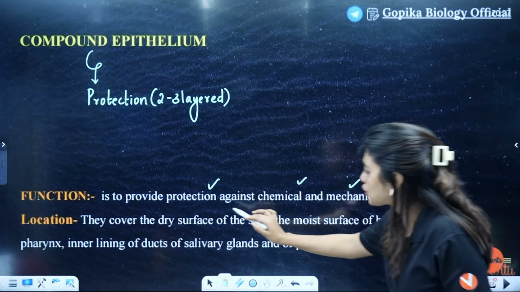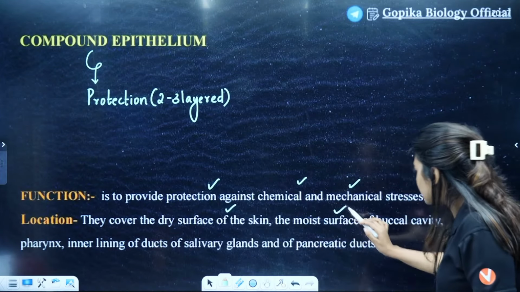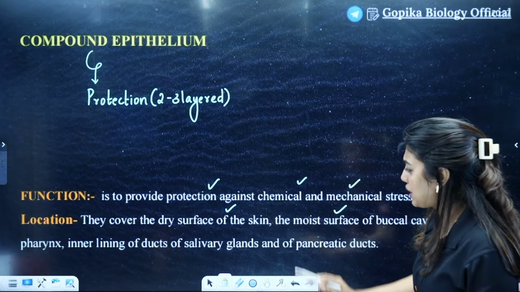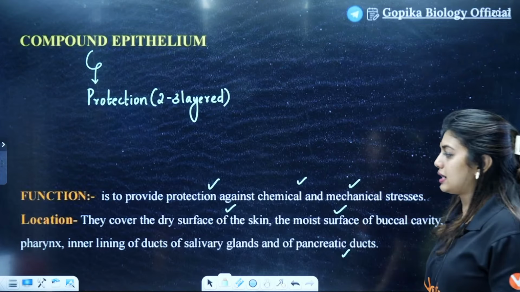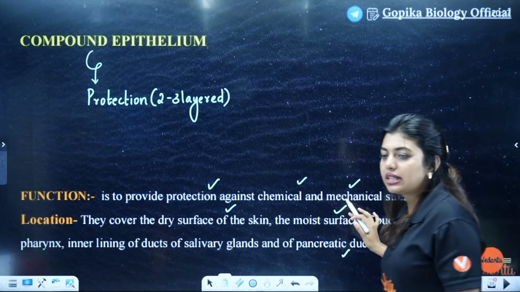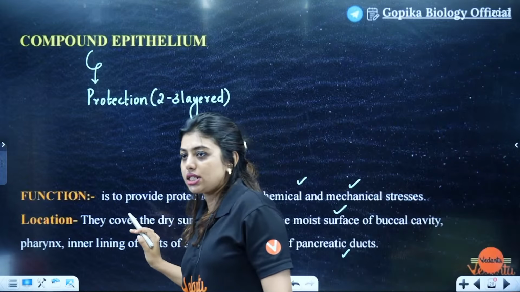Location: they cover the dry surface of the skin, the moist surface of the buccal cavity, pharynx, inner lining of ducts of salivary gland and pancreatic duct. This much only you have to remember because this is there in your NCERT.